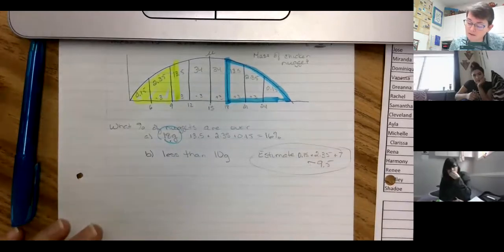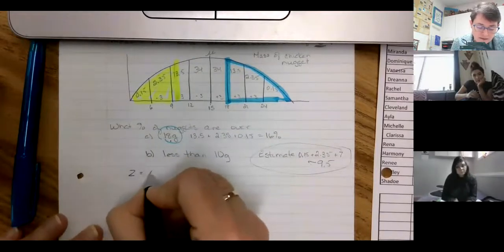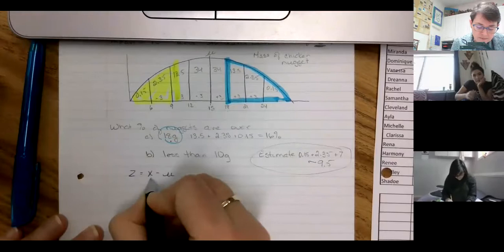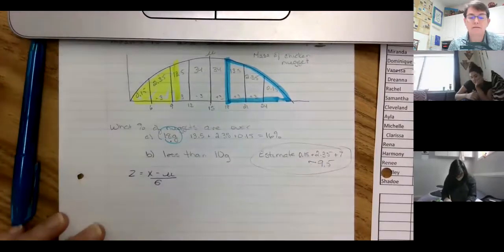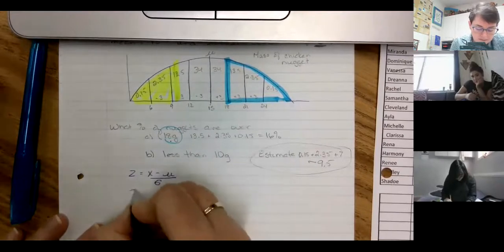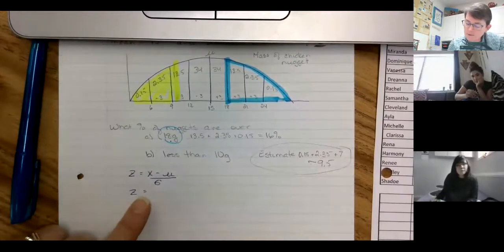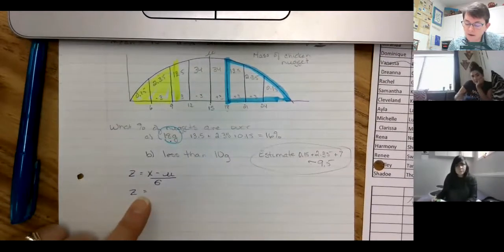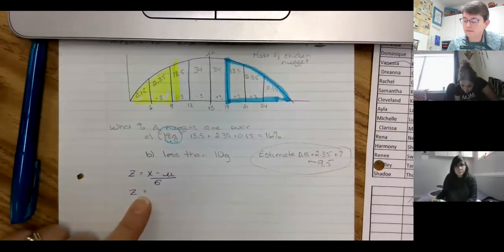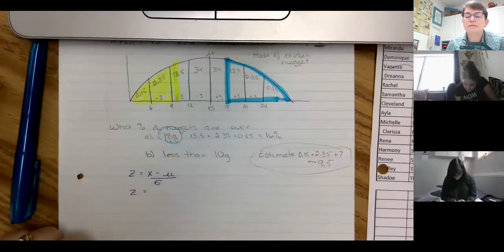So the Z-score from yesterday is Z is equal to X minus mu over sigma. And X is the number we care about. Renee, what number is the question about? I'm not sure.